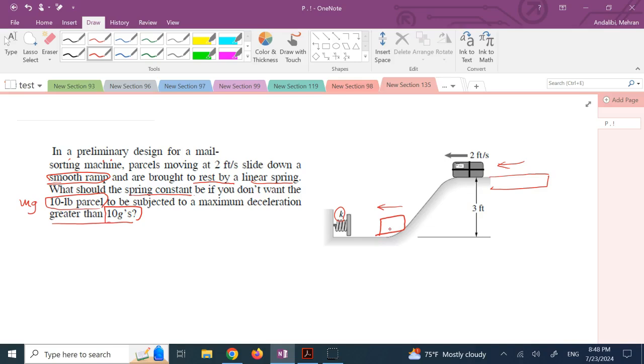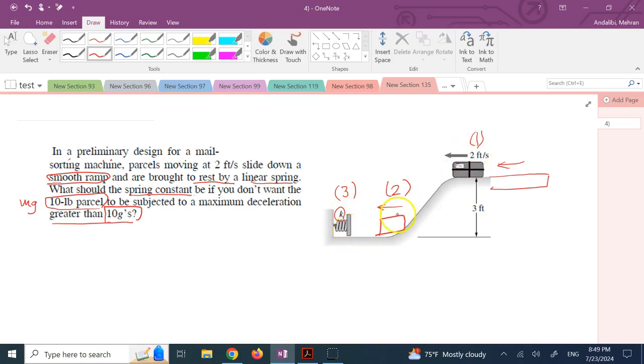So this problem has two parts: going from position 1 to position 2, and then from position 2 to position 3. Between 1 and 2, mg is working. Between 2 and 3, the spring is working. If you go directly from 1 to 3, you might easily neglect the work of mg and focus only on the work of the spring, which is wrong.